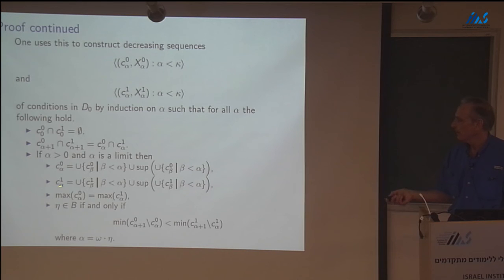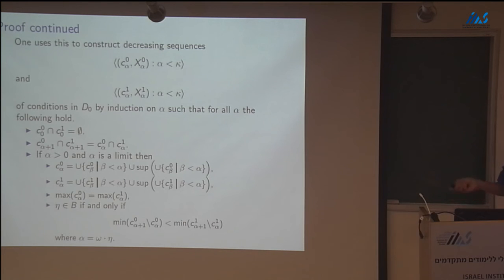Same on the one side. The max of the two is the same if alpha is a limit, and eta is in B if and only if the minimum of the next one is smaller, where alpha is omega times eta. So at a limit stage, we're coding into our pair whether eta is in B by the relative behavior of these clubs.